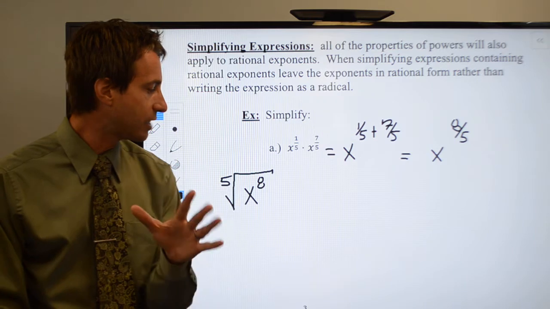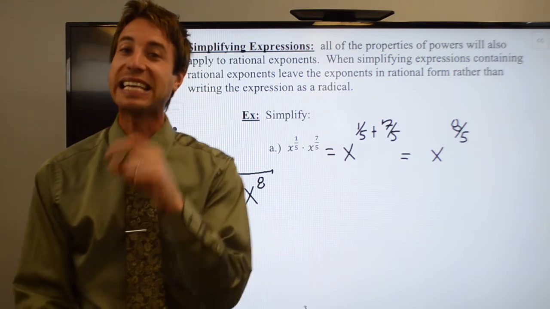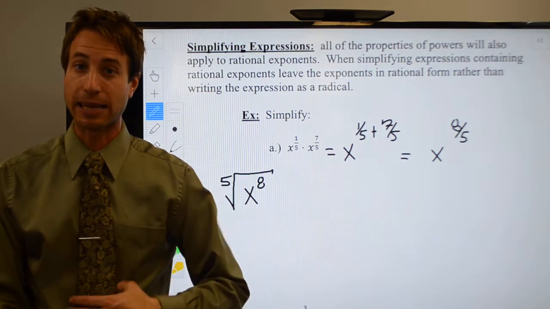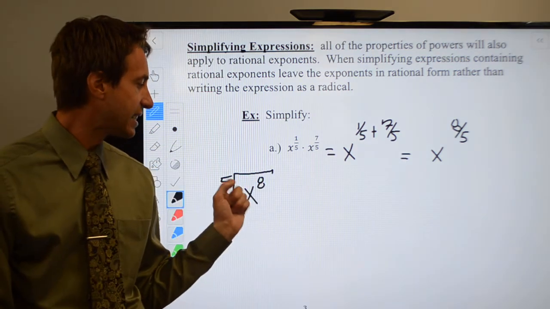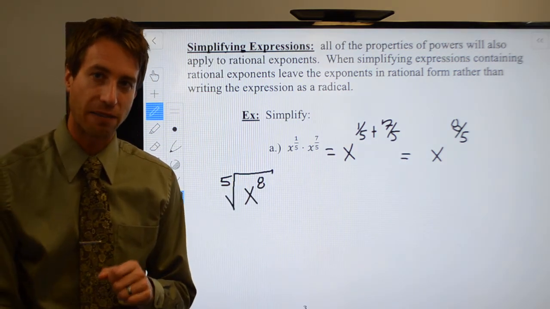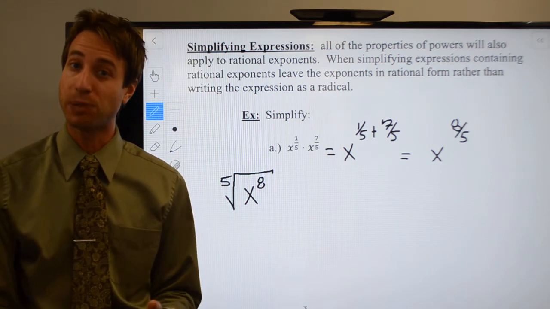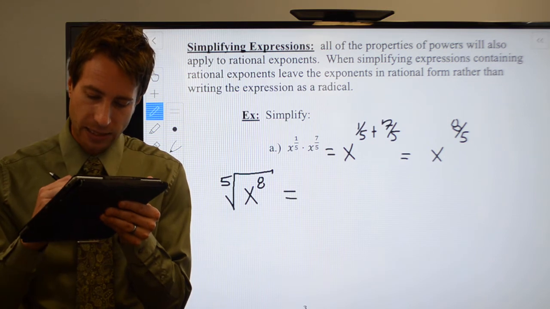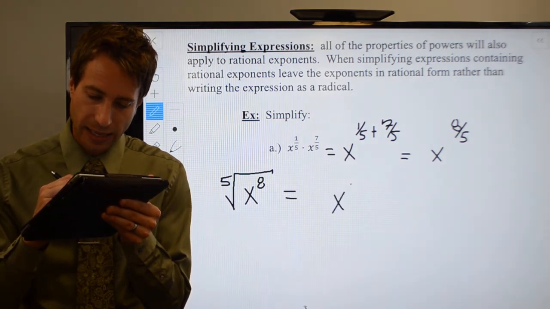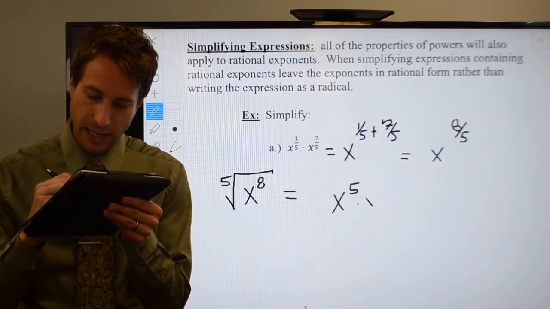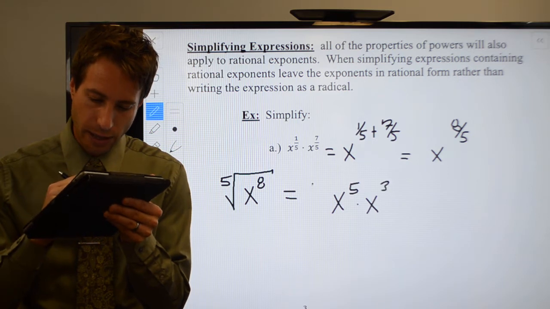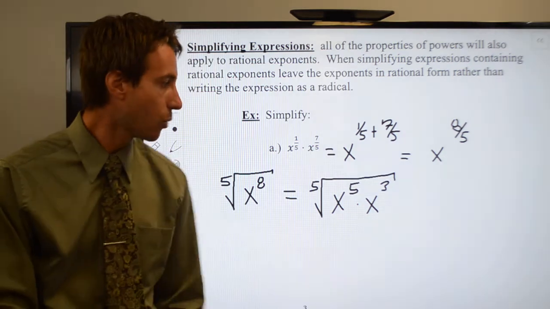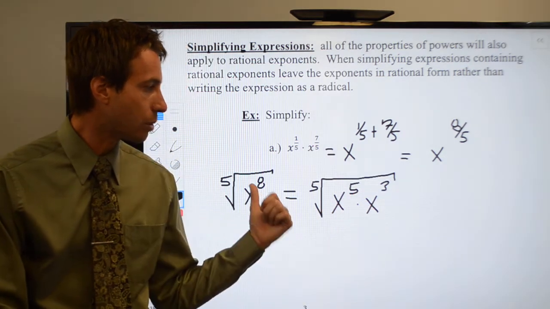What I had reminded you of was this: if I can get the index and the power to be the same, then I can get them to cancel. Well, 8 is not divisible by 5, but I can split the 8 up into something that is. I can split this into x to the 5th times x to the 3rd and take the 5th root of all of that, since 5 plus 3 is 8.